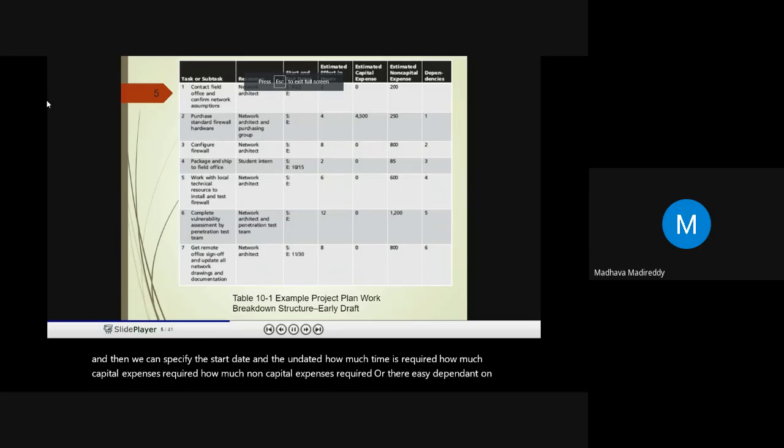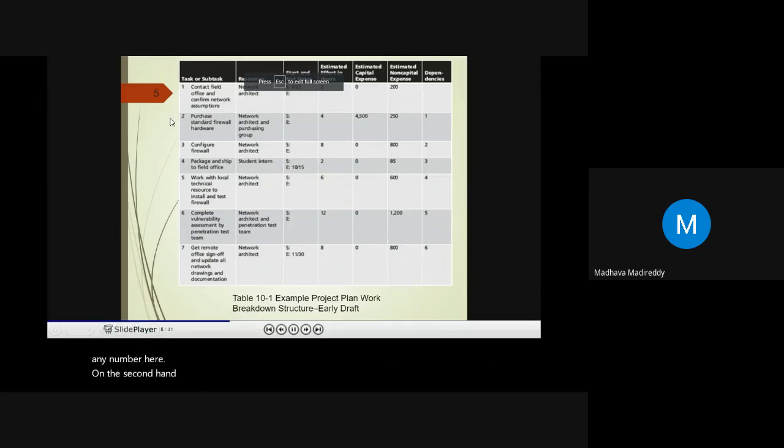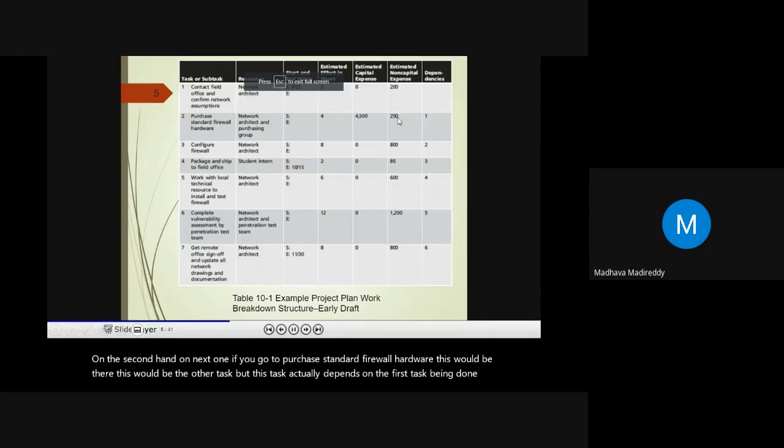For example, the first one does not depend on any other task, so we don't have any number here. On the next one, purchase standard firewall hardware, this task actually depends on the first task being done completely. So it depends on the first task.